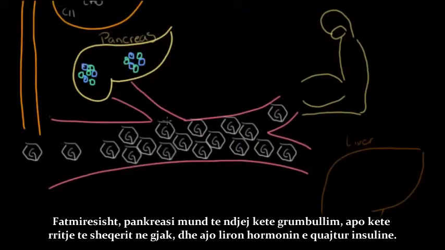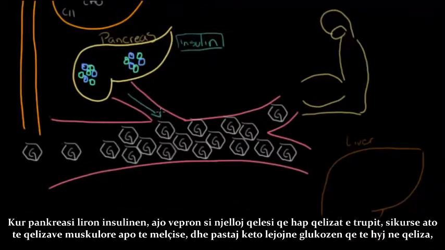Luckily, the pancreas here can sense this pileup, or this increase in the blood sugar, and it releases a hormone known as insulin. And when the pancreas releases this insulin, it kind of acts like a key that unlocks the cells of the body, such as the muscle cells and the liver, allowing the glucose to enter the cells.